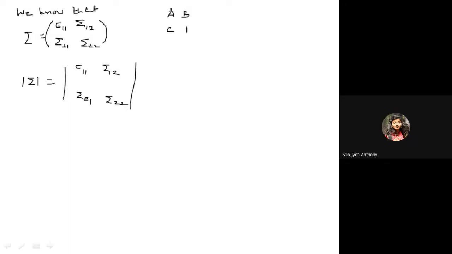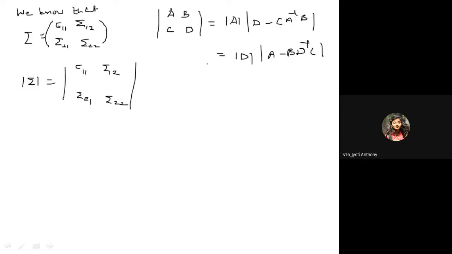To obtain the determinant of this partitioned matrix, we use a result of matrix algebra: let A, B, C, D be matrices, and if I wish to find the determinant, if A is invertible, then it is the determinant of A times the determinant of D minus C A inverse B. If D is invertible, then I can write this as the determinant of D times the determinant of A minus B D inverse C. So you can use any one of these results. Now what is invertible in our setup?